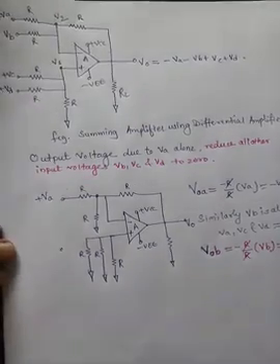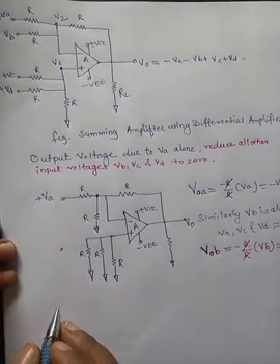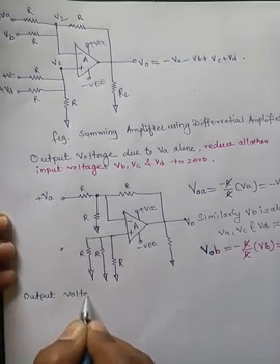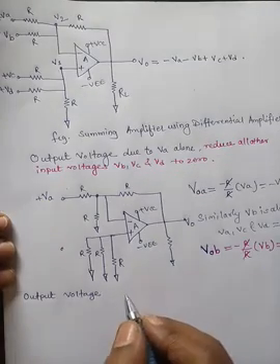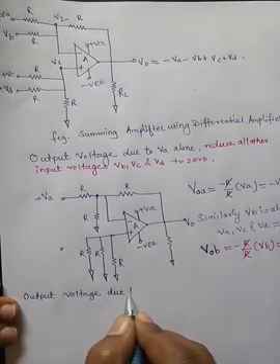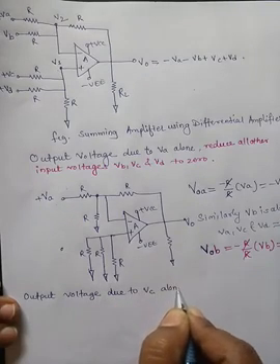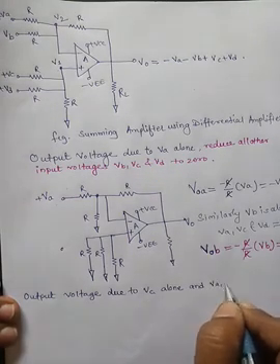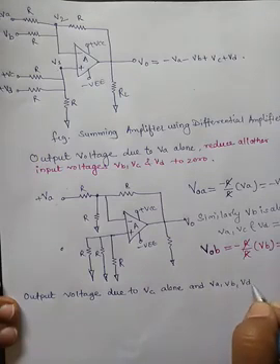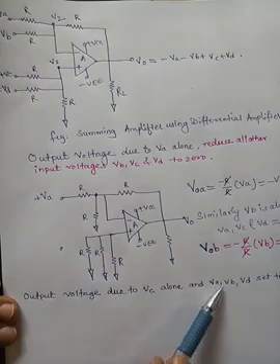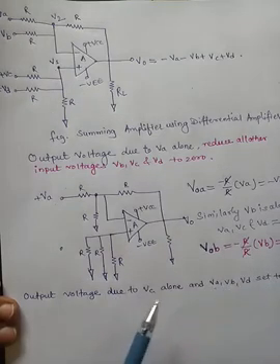So now the output voltage due to VC alone, with the other sources VA, VB and VD set to 0. That is, input voltages VA, VB and VD are set to 0, only VC is present.